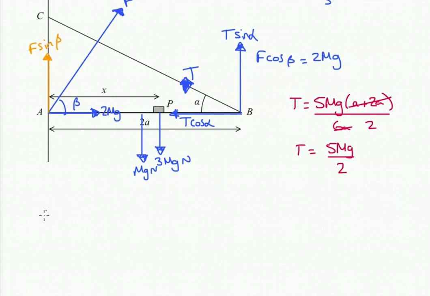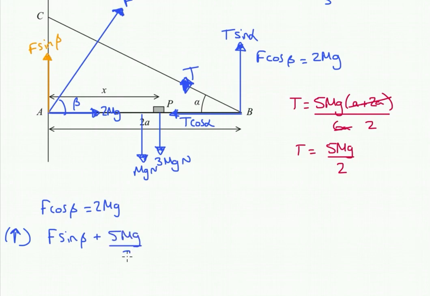So we already know that F cos beta is equal to 2 mg. But if we look at the vertical components now, we can say that F sine beta plus T, which is 5 mg over 2, times sine alpha, which is 3/5, is going to equal the downwards forces, which total 4 mg.